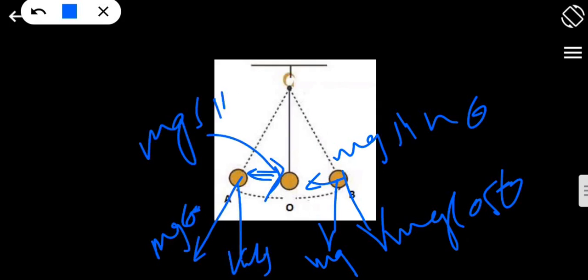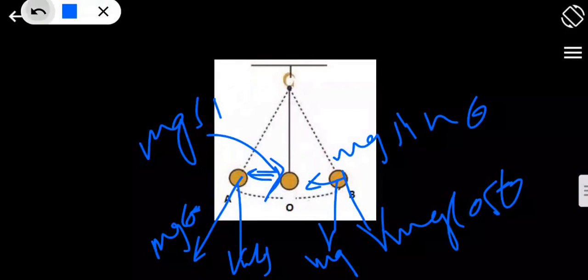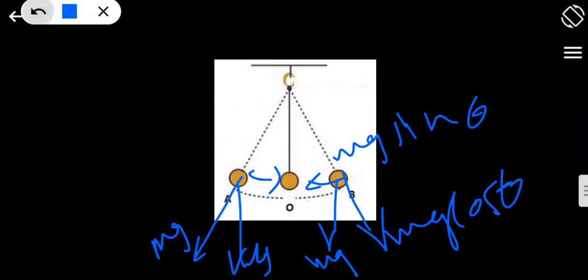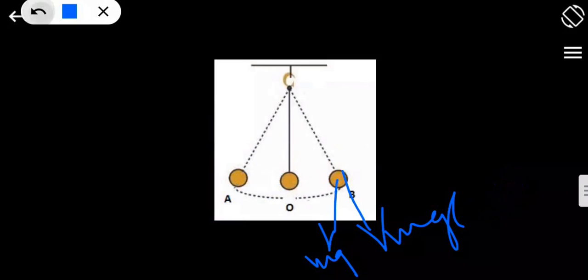So because of the mg sin theta, it is able to come from the extreme position to the mean position, right? So which force is necessary? Mg force, obviously that is the force which is acting. And you people may ask what happened with mg cos theta?